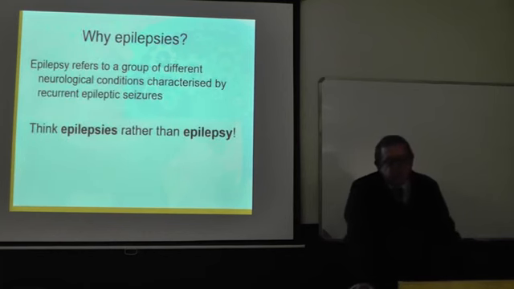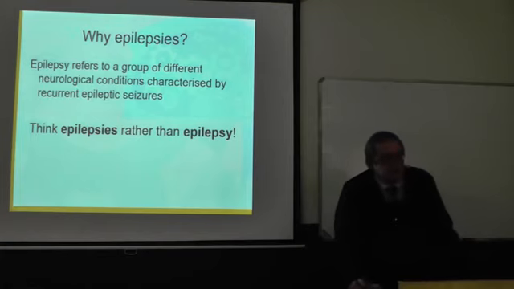Many people feel that we should rather look at the epilepsies as a concept rather than talking about epilepsy, because there are many different ways that they can present at different ages, and especially in childhood we can identify specific electroclinical syndromes.